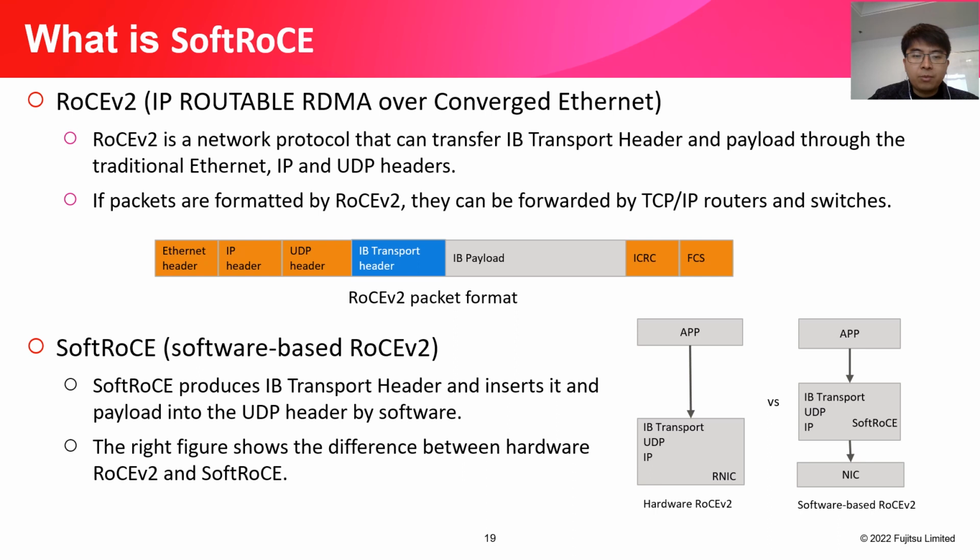If packets are formatted by RoCE v2, they can be forwarded by TCP/IP routers and switches. Soft RoCE is software-based RoCE v2. It produces the IB transport header and inserts it and the payload into the UDP header by software. The right figure shows the difference between hardware RoCE v2 and soft RoCE.